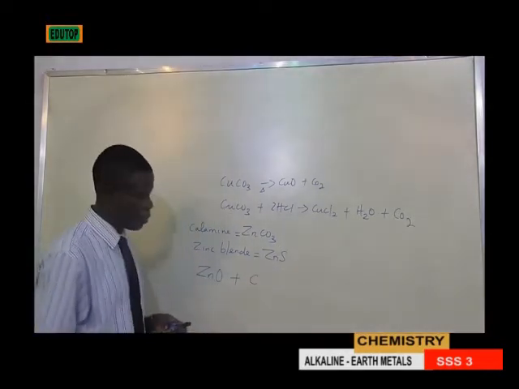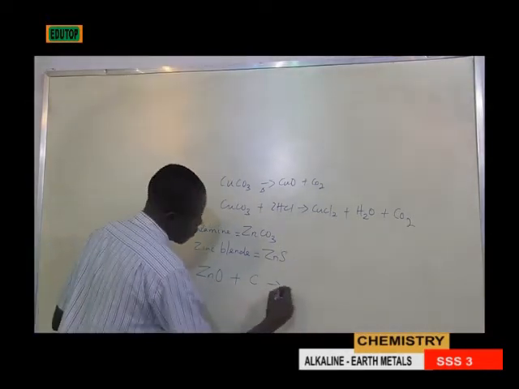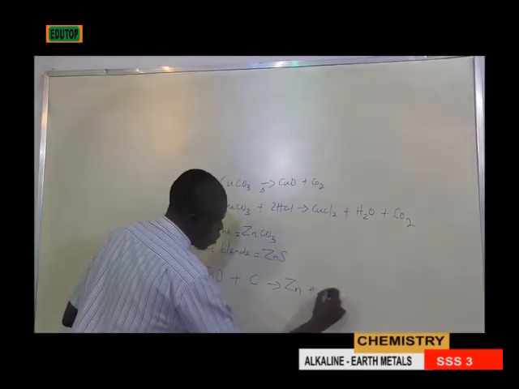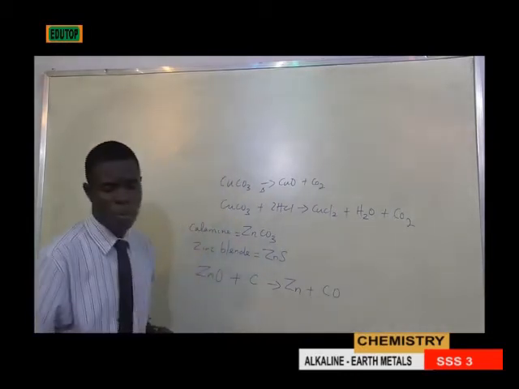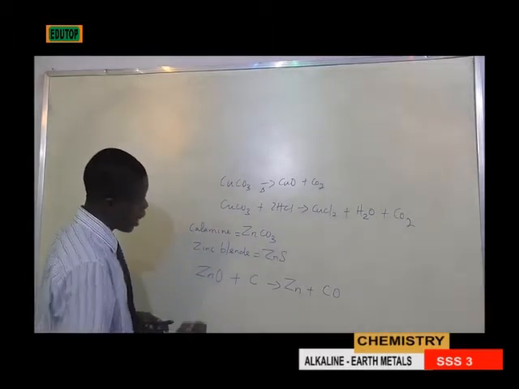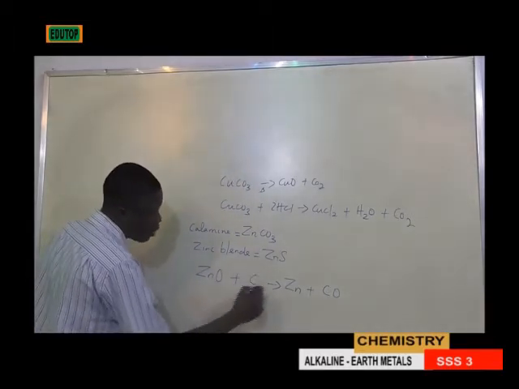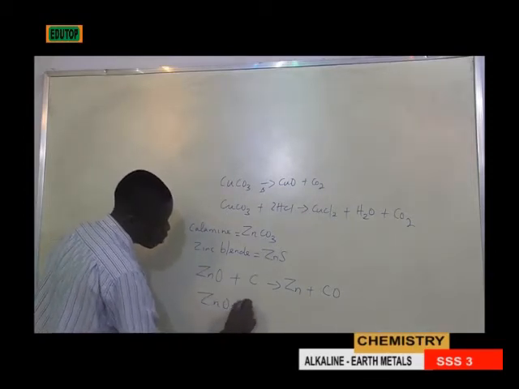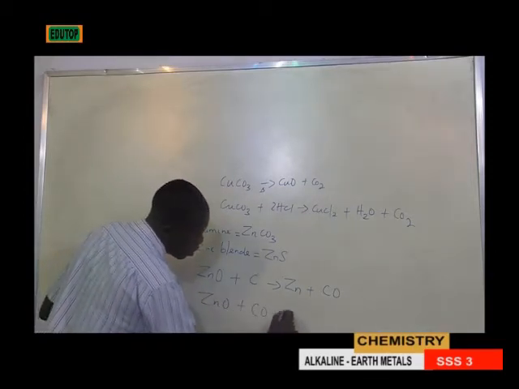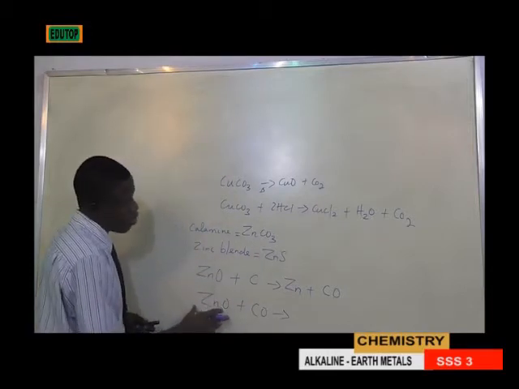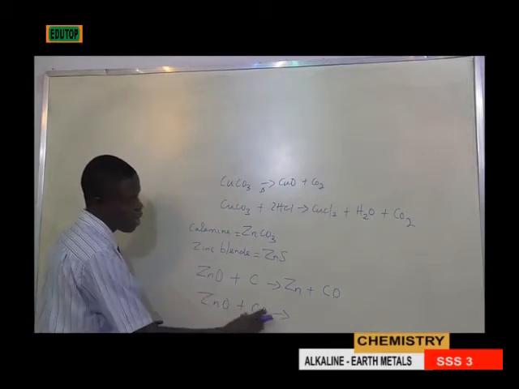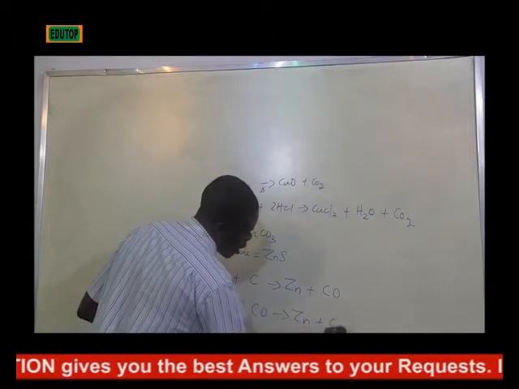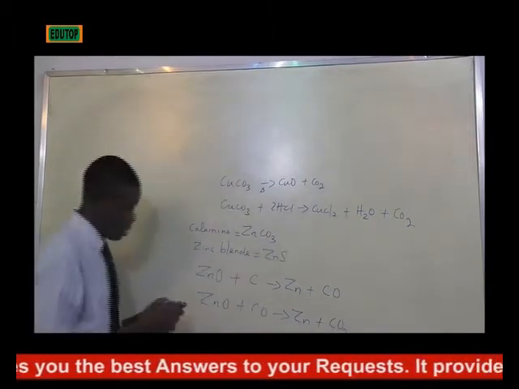Coke is carbon. Where you have zinc plus CO, which is carbon 2 oxide. This acts as a reducing agent. Another reaction which is also common here is the reaction of this zinc oxide with carbon 2 oxide, where you have your metal and carbon 4 oxide.